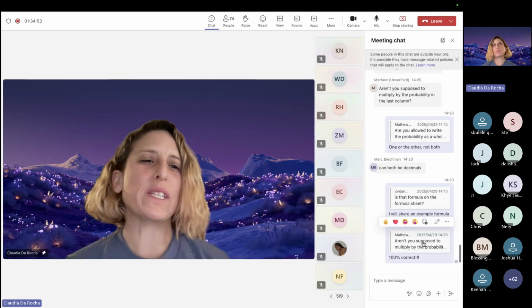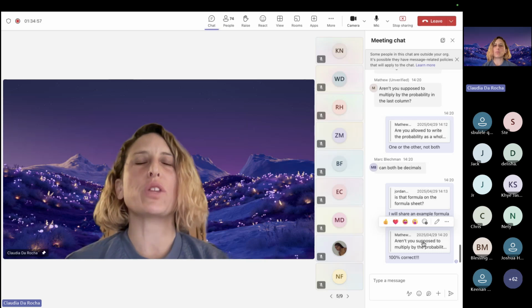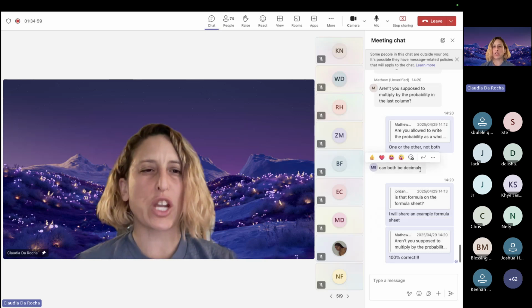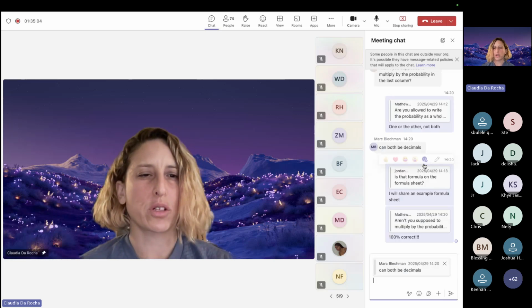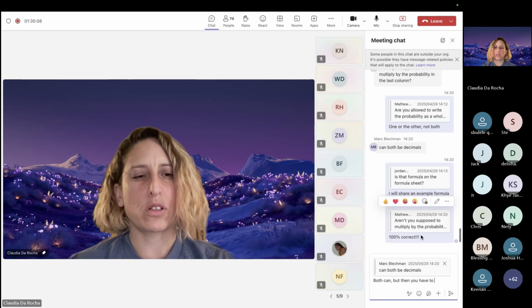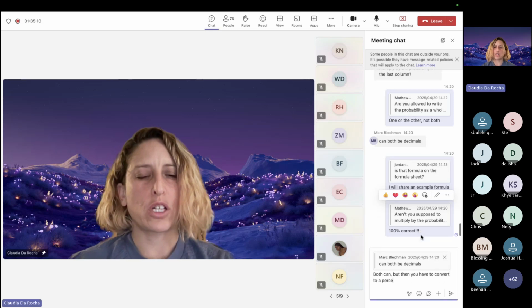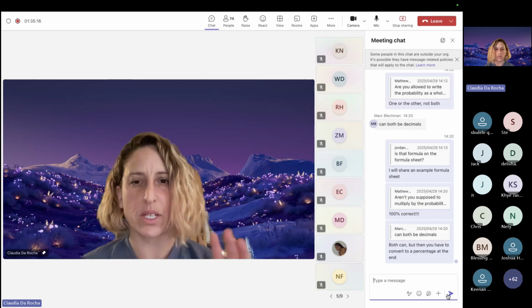Oh, can both be decimals? You can, Mark. The only thing with having both be decimals is that you're going to have to remember to convert your answer into a percentage, so times by 100. So both can, but you have to convert to a percentage at the end. I tend to always choose one, so I don't have to worry about that. It's already done for me.